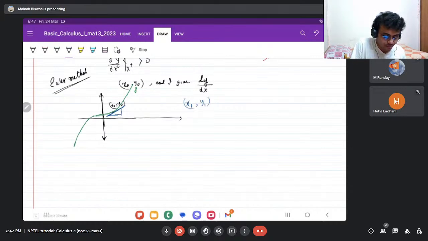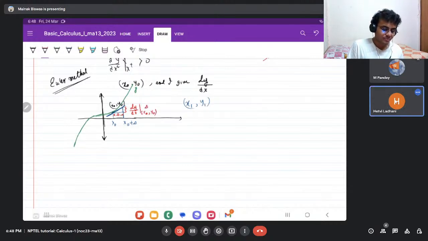So you can see, if I consider this triangle, and this is your x0, and I move some delta, x0 plus delta, right? Yes. So what is this? This is delta, you agree? Yes, sir. And this is dy dx into delta, because dy dx is tan theta, right?